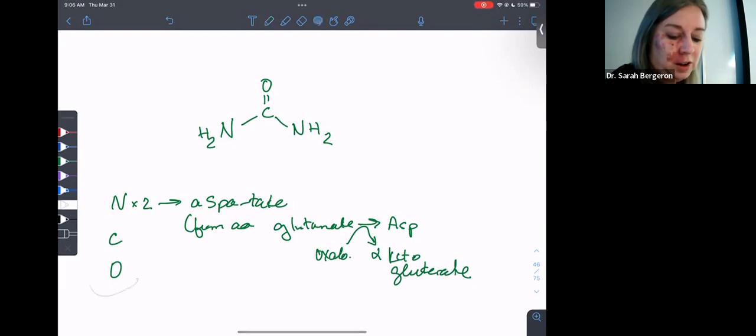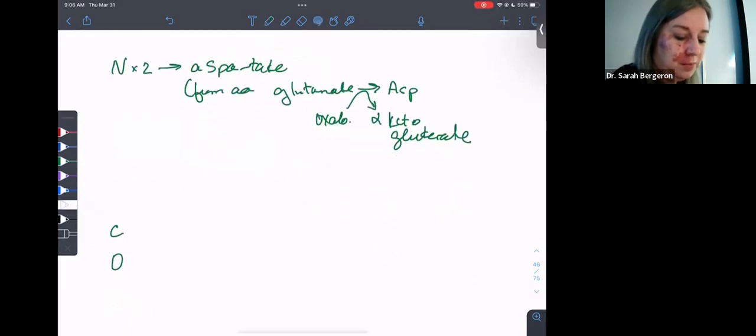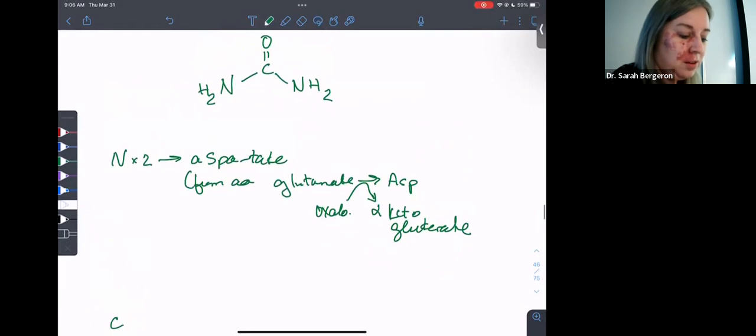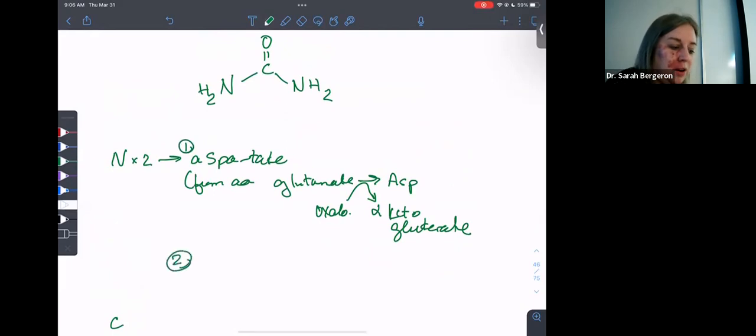Okay, so where else are you getting nitrogens from? From where? Yes, carbamoyl phosphate, but where did it come from to get to carbamoyl phosphate? Deamination of what?